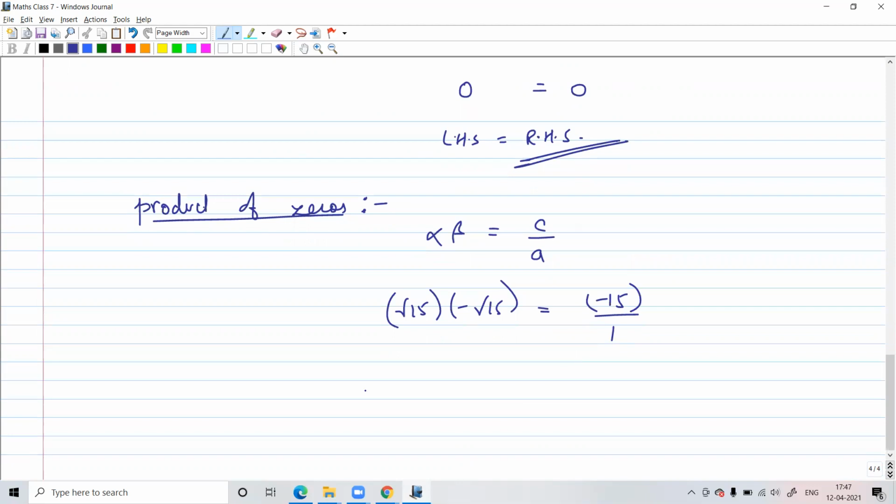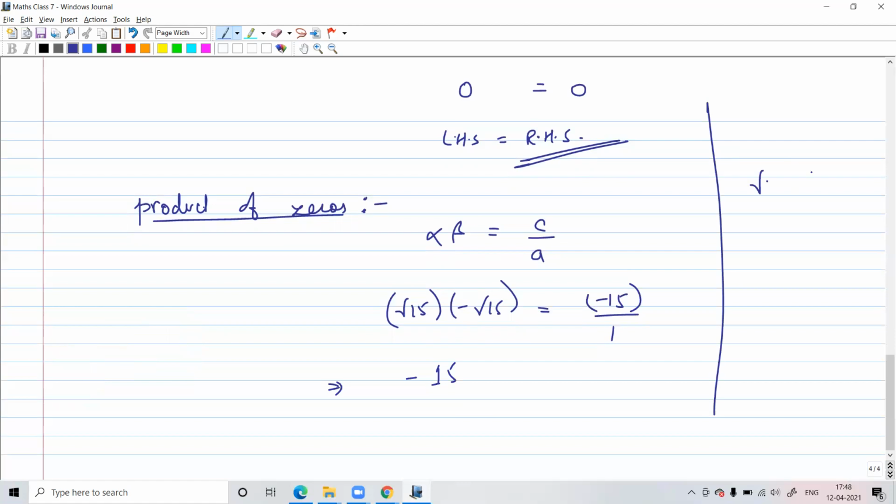Now, tell me, what will be the LHS over here? What is the square root of 15 into square root of 15 with a minus sign? What is this equal to? Minus 15, sir. Yes, square root of 15 into square root of 15 will become 15, and a minus sign, because there is only one negative sign, so the answer will also be negative. So minus 15.